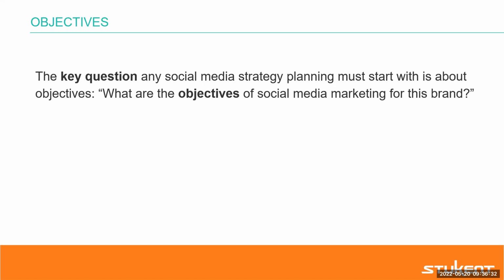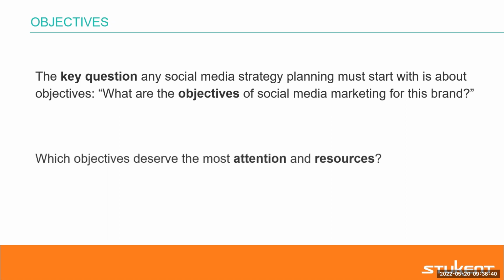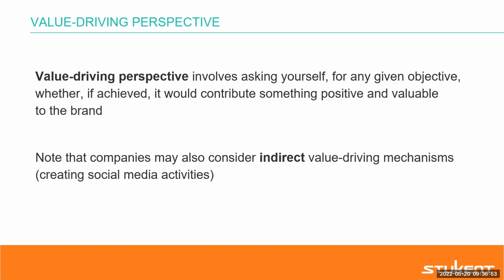So think about any social media strategy, and it all starts with asking the question, what are the objectives? What's the goal? And once you have figured those out, you want to think, okay, you might have a list of 10 things. What are actually going to deserve the attention and resources? And that is where we start thinking about the resources that are required to make strategy successful.